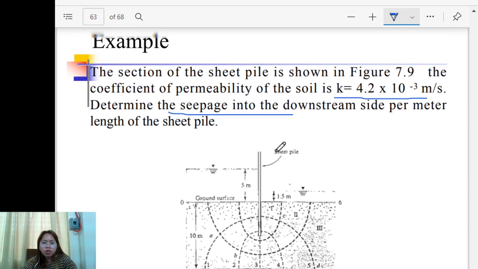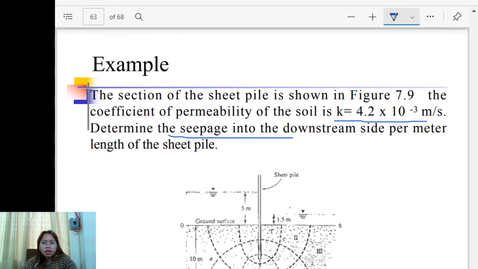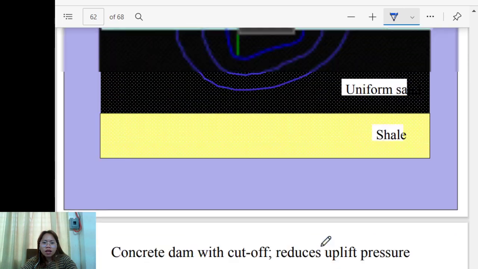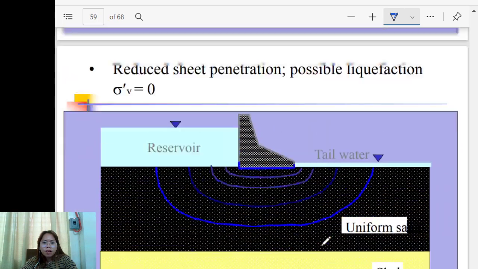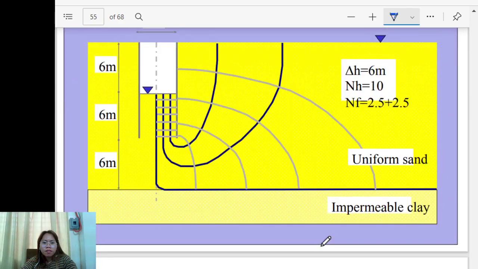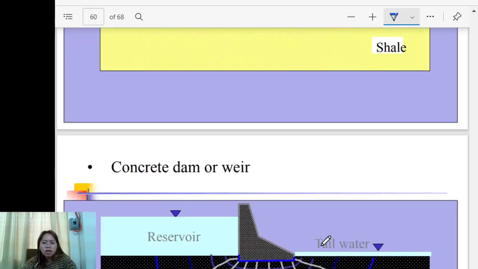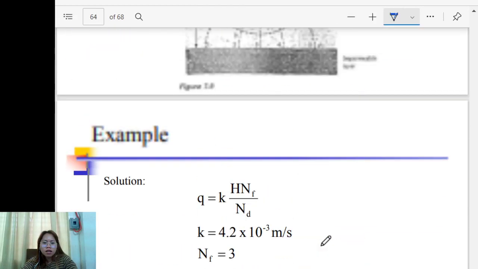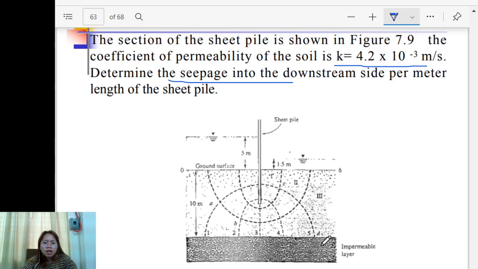So first you have to draw a flow line, no. Wala siya i-state, but okay, later na.